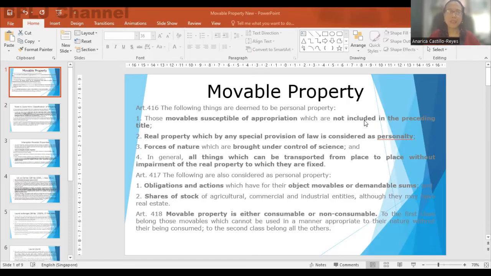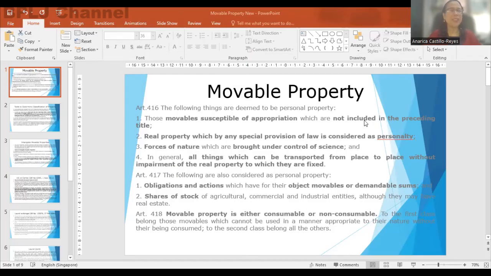So that is a classic example of a real property which by special provision of the law is considered as a personal property. Number 3, we have forces of nature which are brought under the control of science.